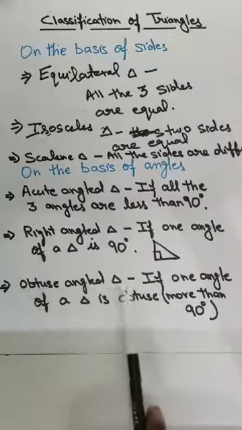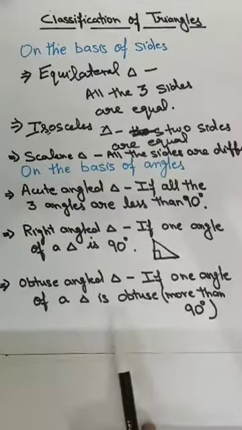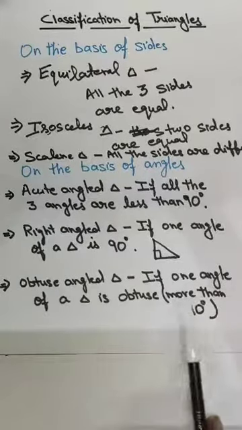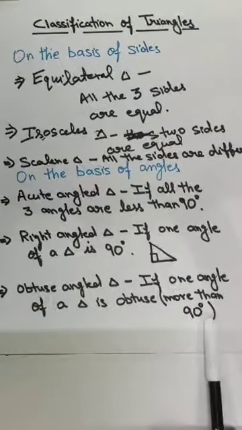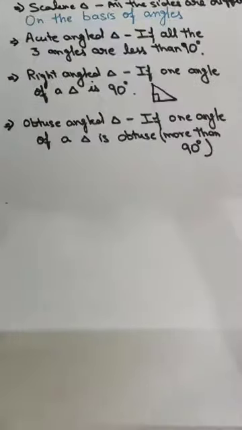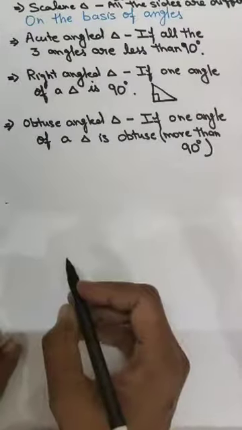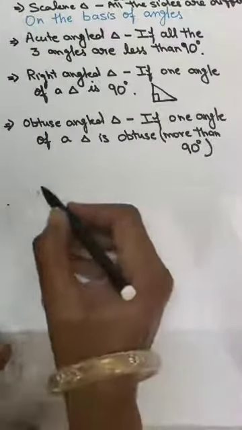Obtuse angled triangle. If one angle of a triangle is obtuse, that is more than 90 degrees, one angle only, not more than one, then we can say it is an obtuse angle triangle. Now see, I am saying that two right angles can never make a triangle. Why? See, if we have two right angles, how can we make it?